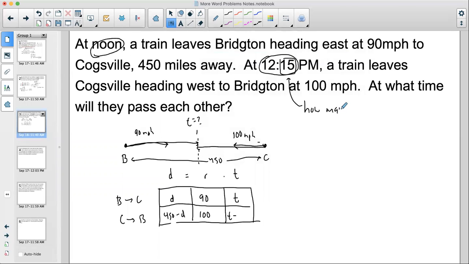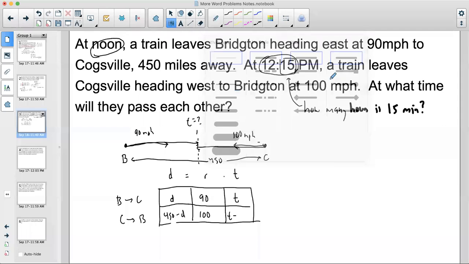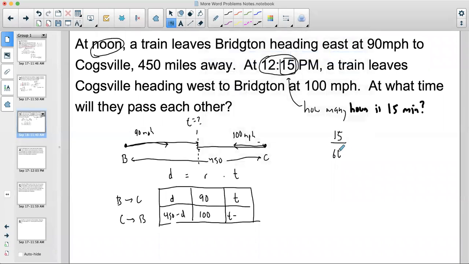How many hours is 15 minutes? Because 15 minutes is less than an hour, this is going to be some fraction of an hour. It's 15 minutes over 60 minutes, which tells me that's 1/4 of an hour.